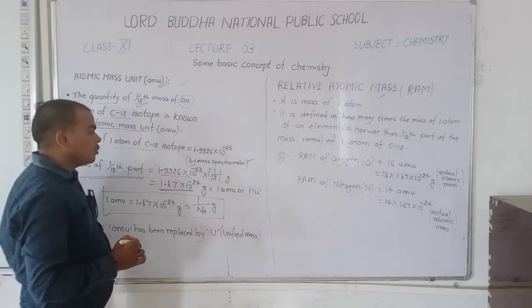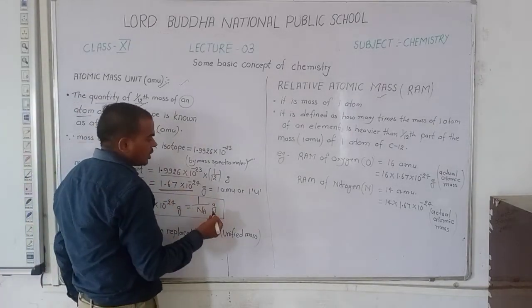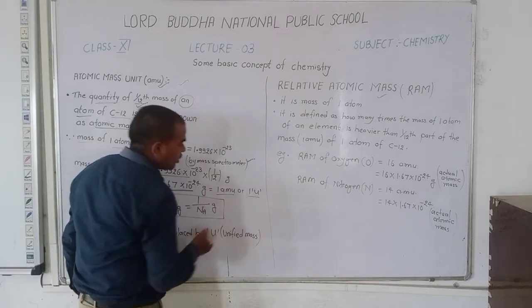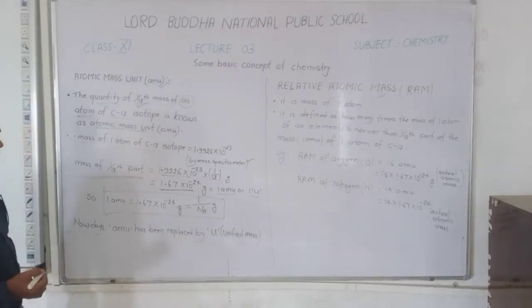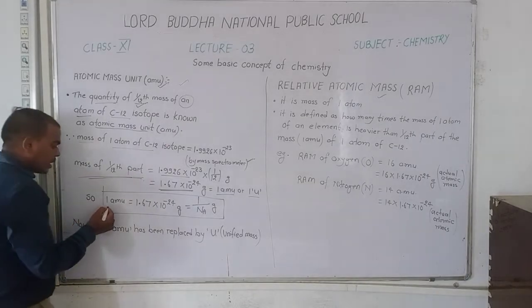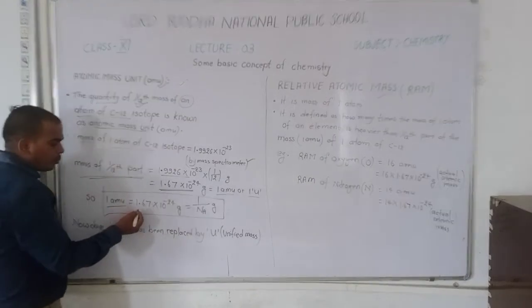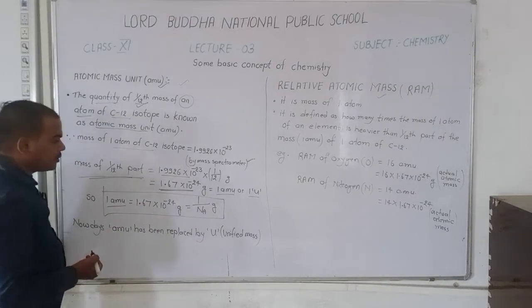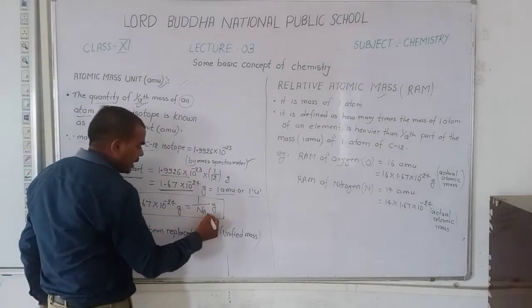This value is taken as 1 AMU or 1 unified mass. So 1 AMU is equal to 1.67 into 10 power minus 24 gram, or 1 by Na.